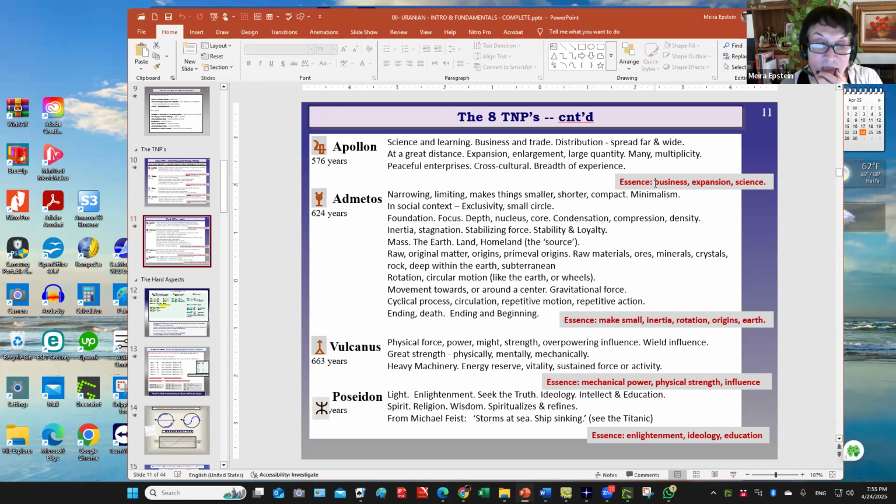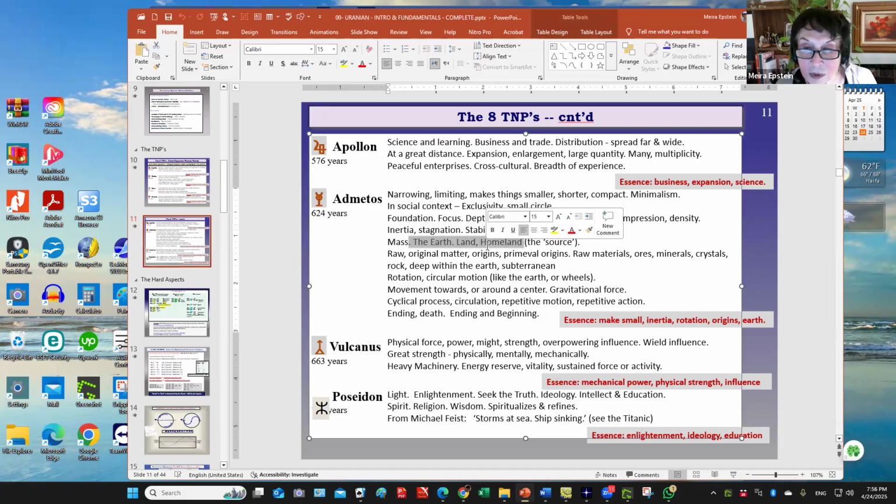Now, other than the connection with the earth, because I want to say it now, not later, the earth appears in one of the keywords as you can see here. But when I saw this the first time, and I saw the earth and the symbol and the name Admetos, I couldn't help thinking that in my native language, Hebrew, my mother tongue, the name for earth is Adama, literally Adama.